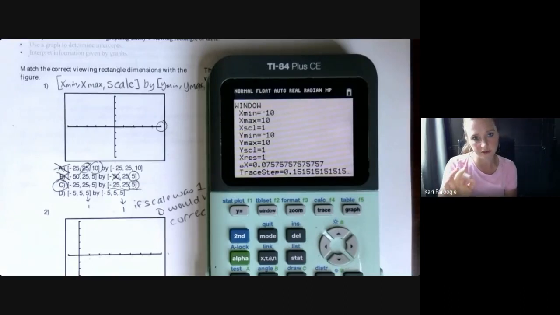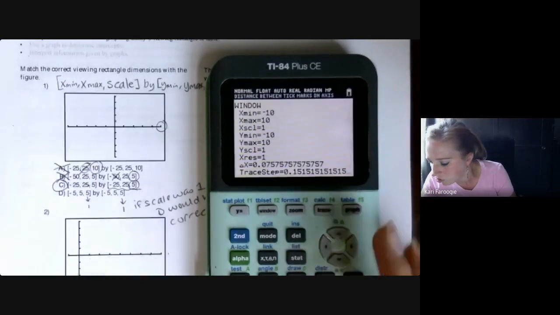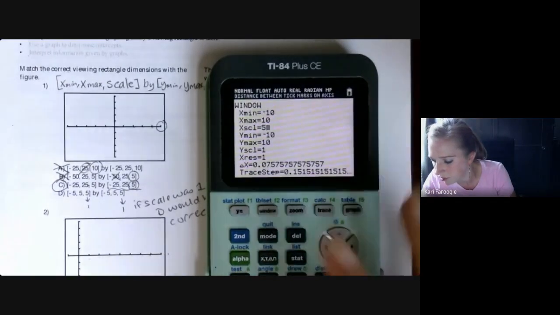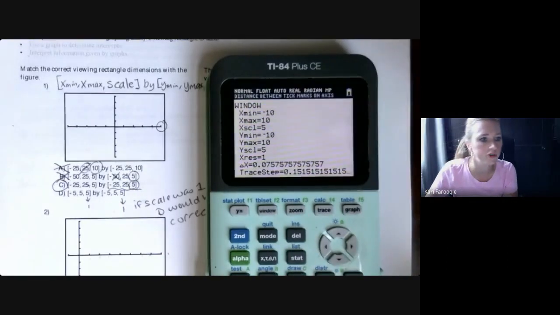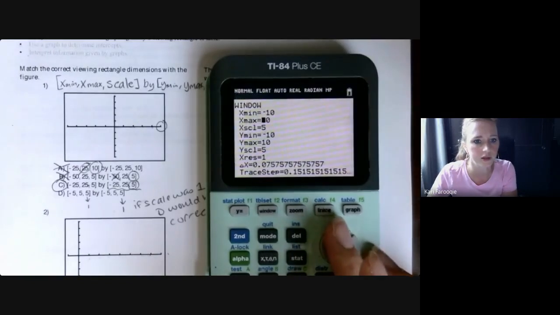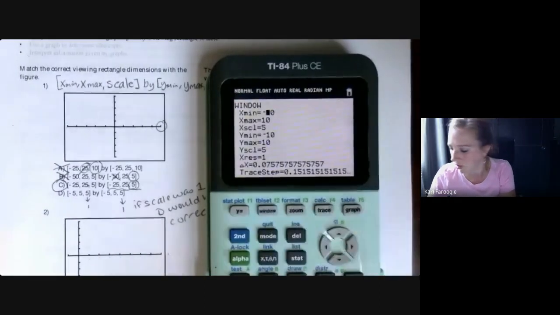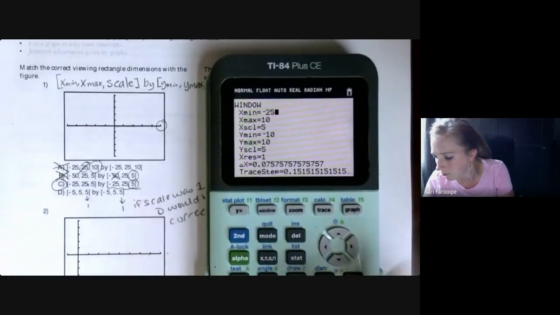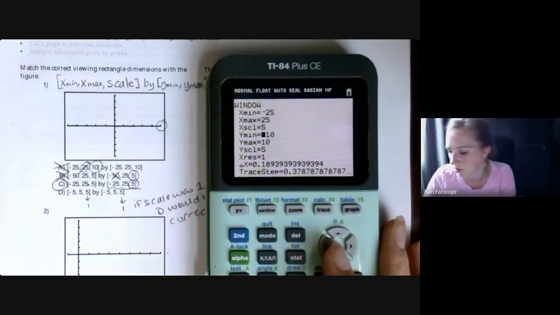But if we wanted to exactly match what we see here, we're going to change the scale to 5. So X scale and then Y scale, you would change each of those to 5. And then your X min and your X max would have to be -25 and +25, and you would do that for both of them.